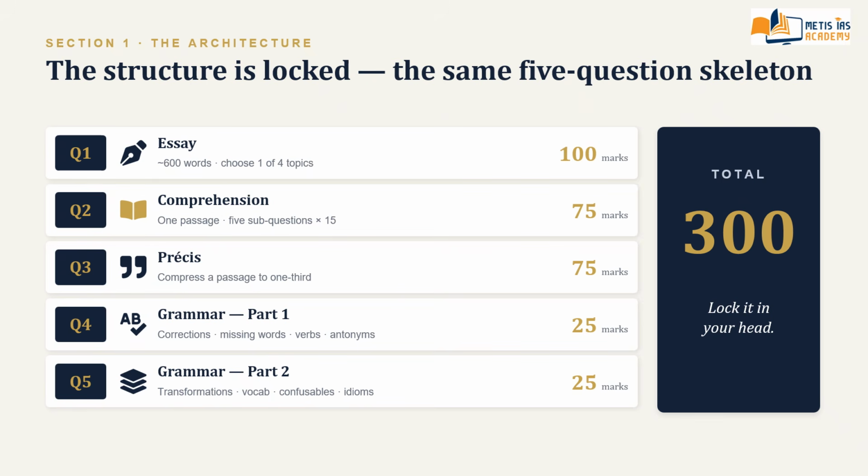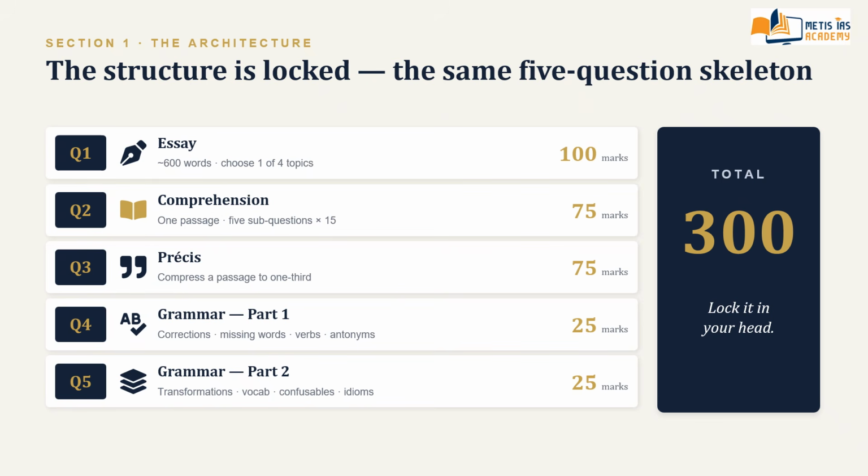Then we are moving to question number 4, that is the grammar part. In this grammar part, we have two parts. One is grammar part one, that is question number 4. It carries 25 marks. In this part, we have corrections, missing words, verb forms, and antonyms.